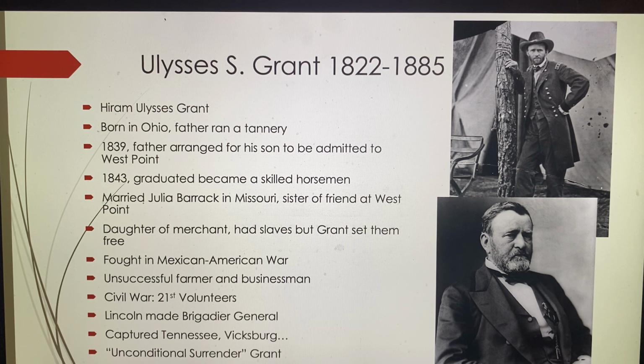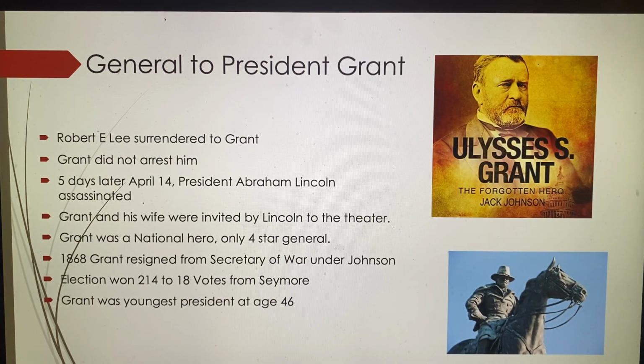He captured some cities in Tennessee, onto Vicksburg. He had many victories, and President Lincoln was cheering him, and he called him Unconditional Surrender Grant, because basically General Grant at that time said, no, I'm not going to have any conditions, you just need to surrender. And so everyone called him Unconditional Surrender Grant. So he was indeed a hero in the Civil War, a hero general.